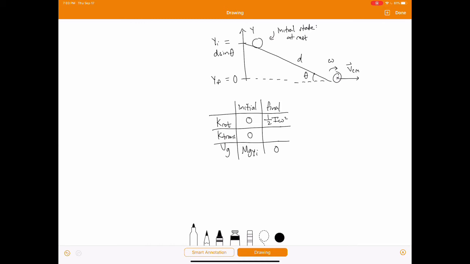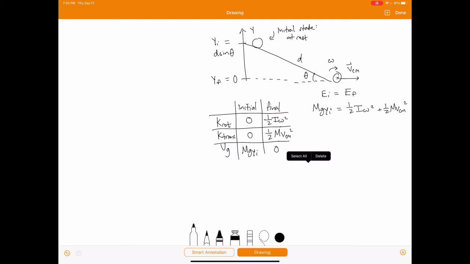For the final translational kinetic energy, we have 1/2 mvcm squared. So initial column equals final column when we add up all the energies. Initial is mgy initial, that's the only term there. That equals 1/2 I omega squared plus 1/2 mvcm squared, just like that.